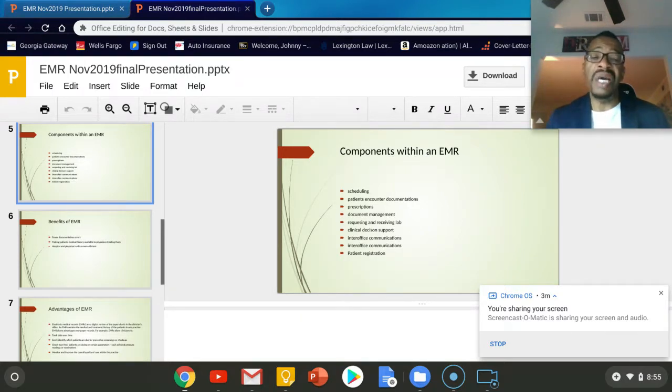You've got their drugs. It's a document management system. It requests and receives lab information, clinical decision support for doctors, inter-office communication, patient registration. Sorry, not patient financing, but patient registration. All the information are just components you can find within the electronic medical records.